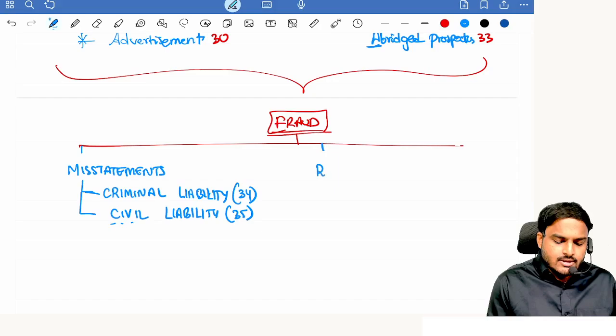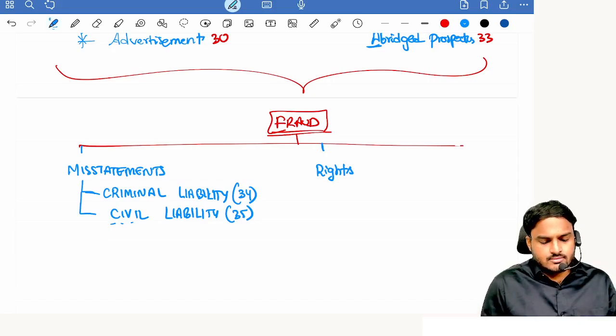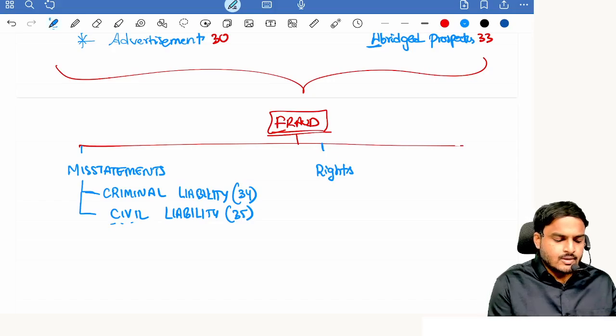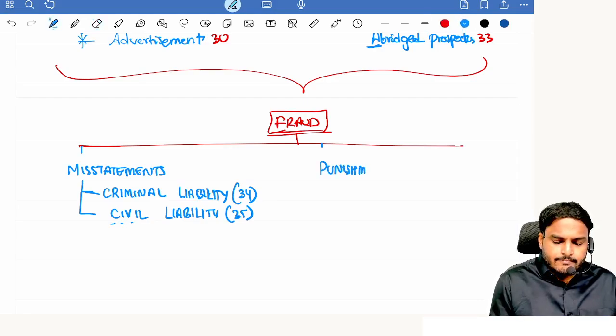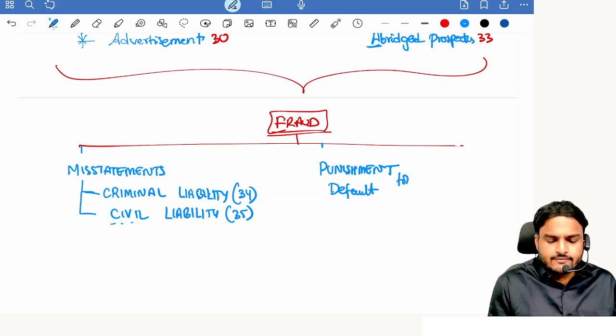Next one is punishment. Punishment for fraud. So this is for default persons, persons who are at default. Punishment for defaults.